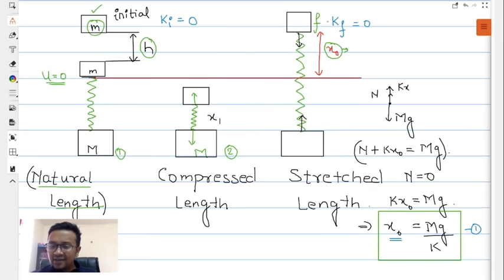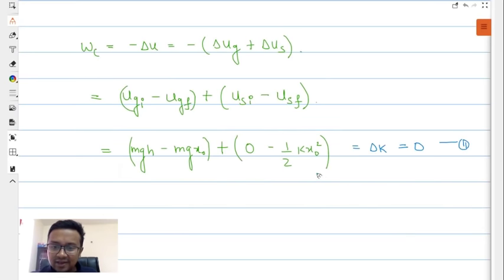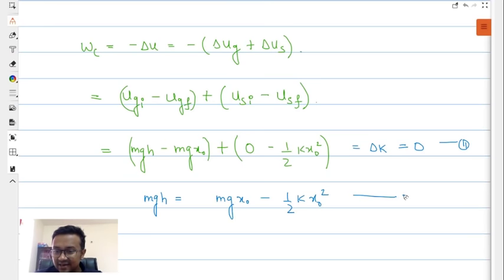Whatever you got as the value of your x naught, just insert it into this equation and you will be able to find out the height. So students, here mgh is going to be mg x naught minus half k x naught square. Students, I'll leave this here for you guys, all right?